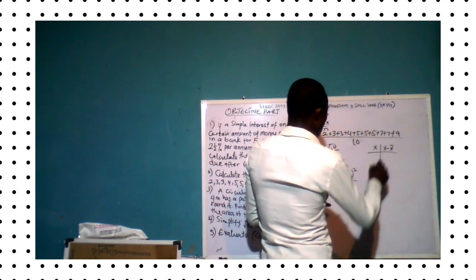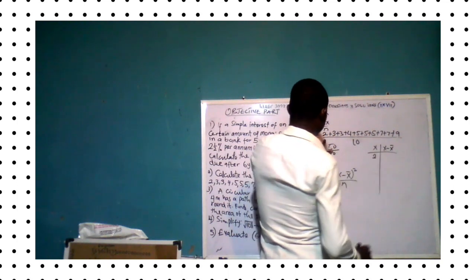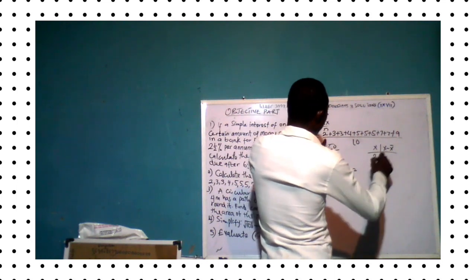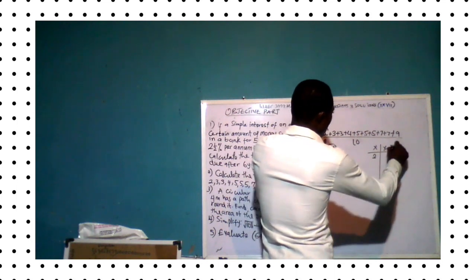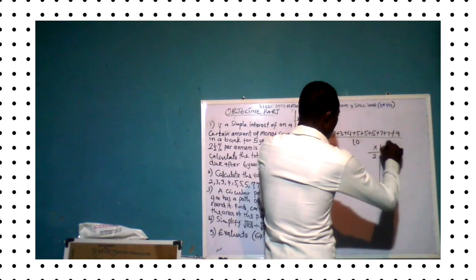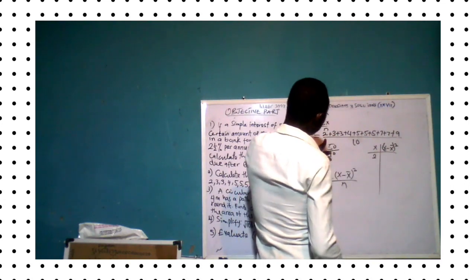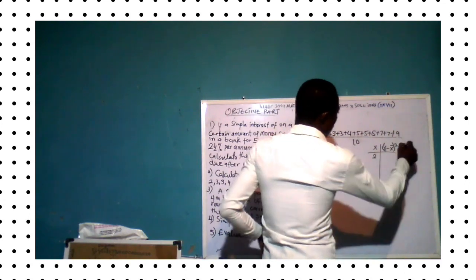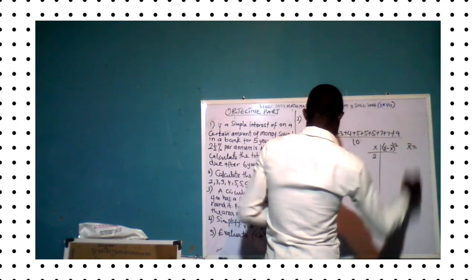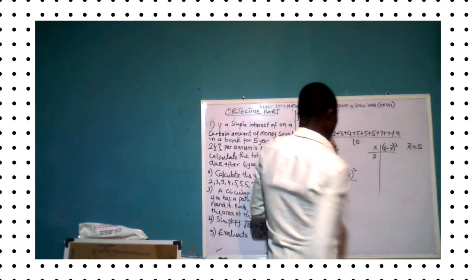If x equals 2, that's the first point, x minus x bar will be equal to what? So how do you get x minus x bar squared? Don't forget x bar has been determined to be 5. That is our mean.